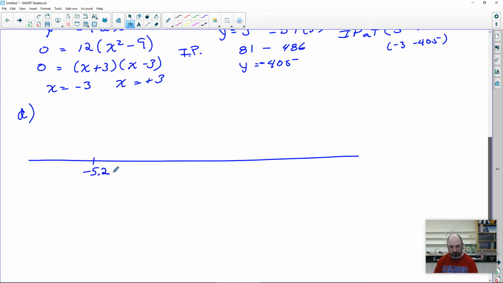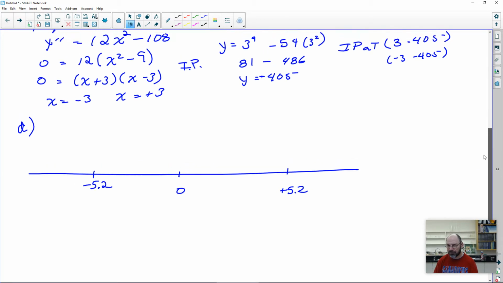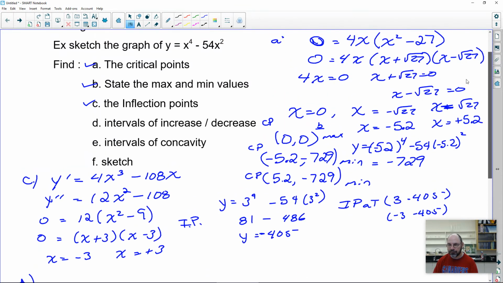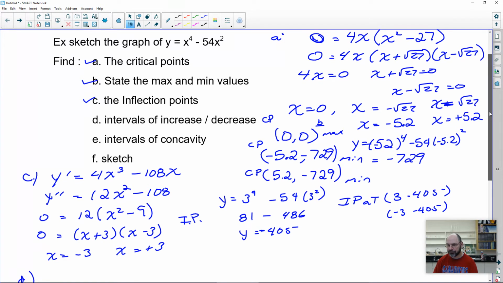Can't read my own writing. My factors were 4x, x plus 5.2, and x minus 5.2.